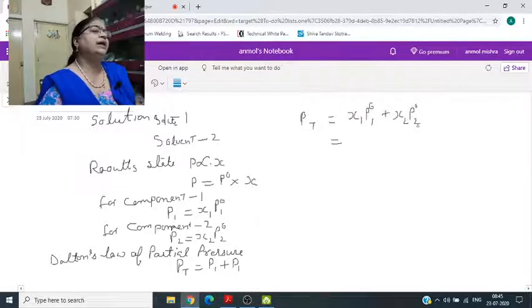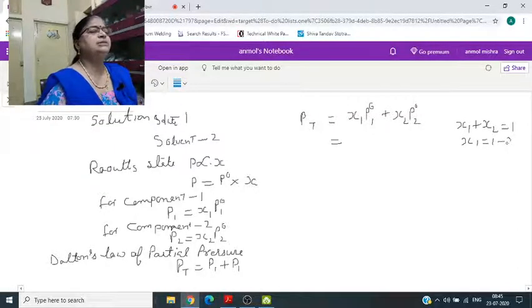We also know that X1 plus X2 is equal to 1. So we can write X1 is equal to 1 minus X2 in this equation.